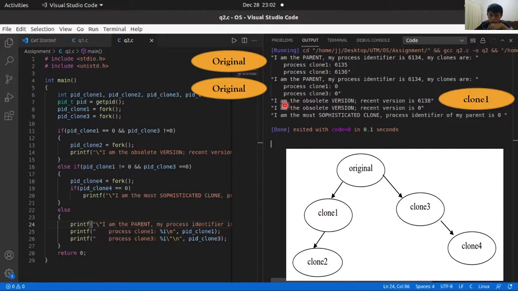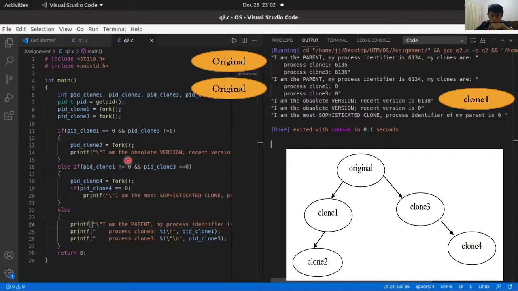The third and fourth outputs are actually from the child process of clone 1. We can see that when clone 1 is a child process and clone 3 is not child, we will create the clone 2 process by forking it, and then we will print this output.